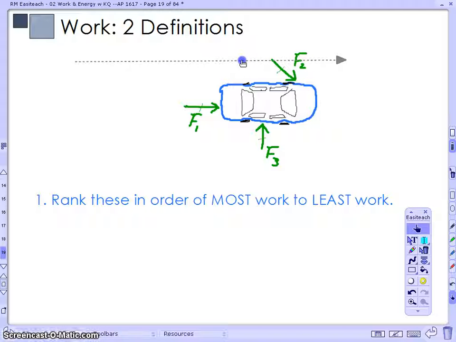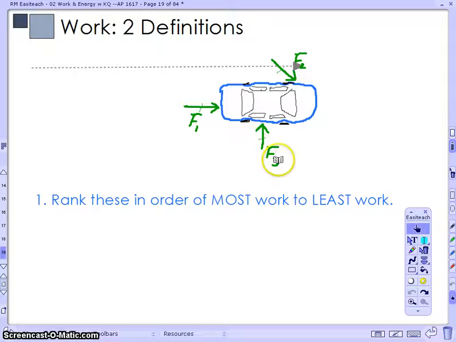You would use cosines because usually you look at this angle right here between F2 and the displacement. F3 did the least amount of work, and in fact, F3 did 0 work. Ask yourself, how parallel was F3 to this displacement? The answer is 0. F3 was not at all parallel. And go ahead and take the cosine of 90 and prove it to yourself.